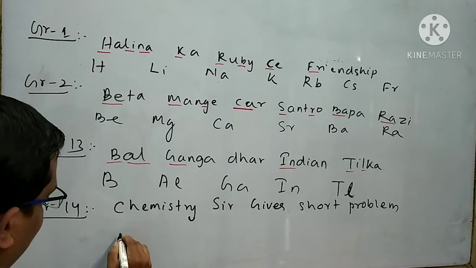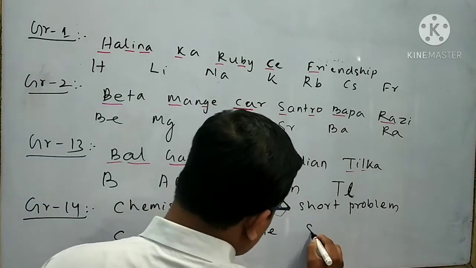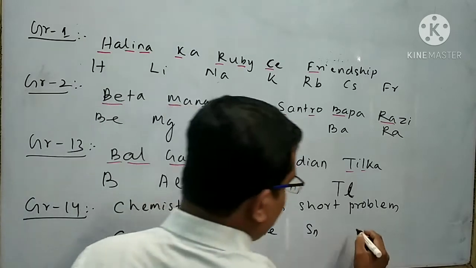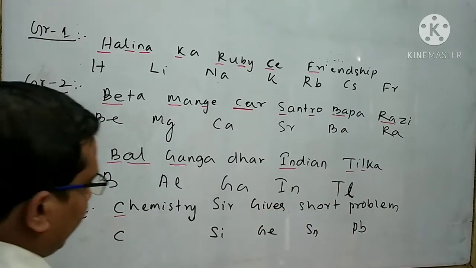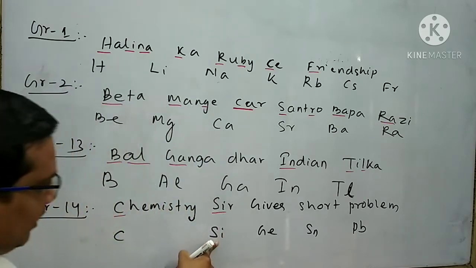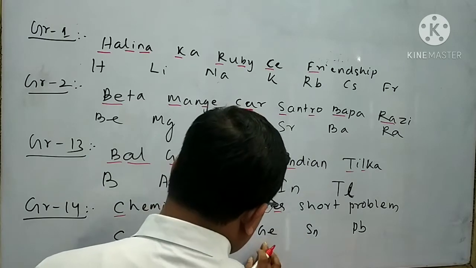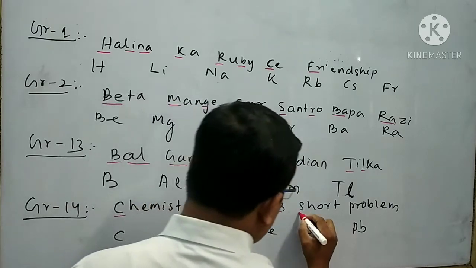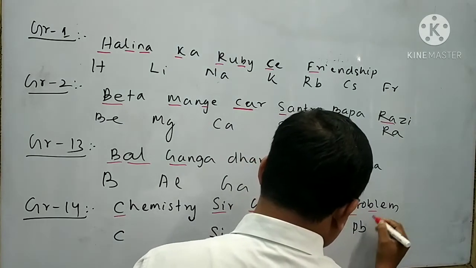The group 14 elements are carbon, silicon, germanium, tin, lead. This C indicates carbon, this Si indicates silicon, this G and E indicate germanium, this S indicates tin, this P and B indicate lead.